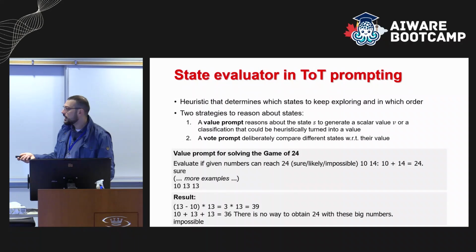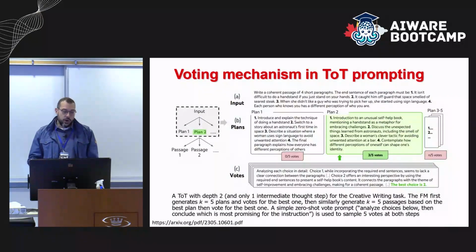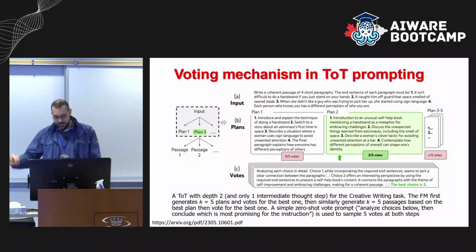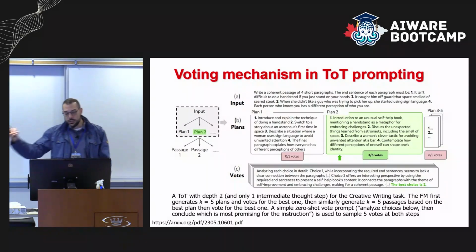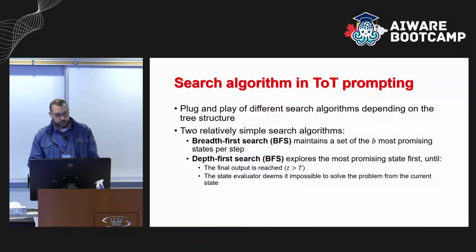Then you have more examples like this one, and then you give the three numbers here. Or you can have what we call the vote prompt. You have lots of different thoughts, and this prompt asks to evaluate which one is the most promising one, and then you use that one as a thought in the tree of thought prompting.